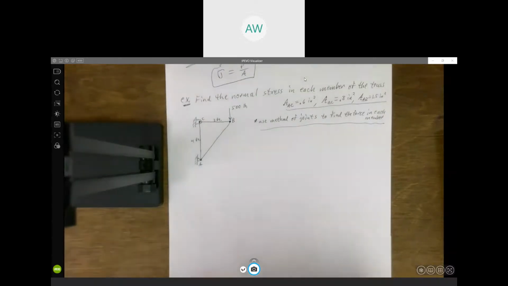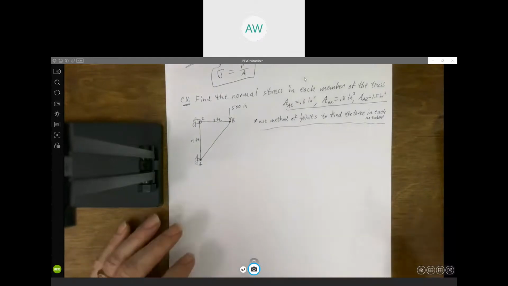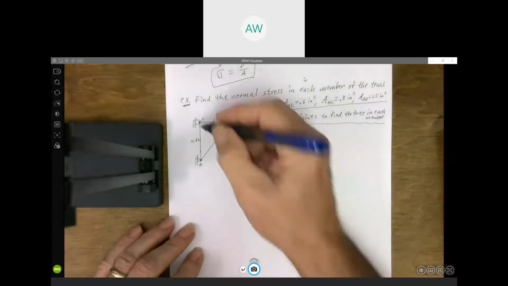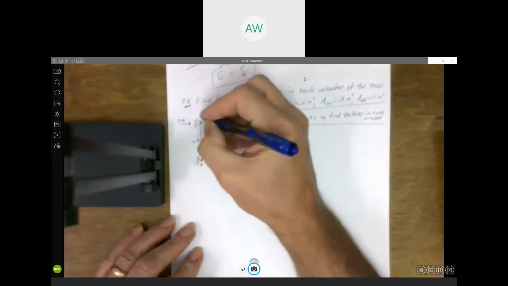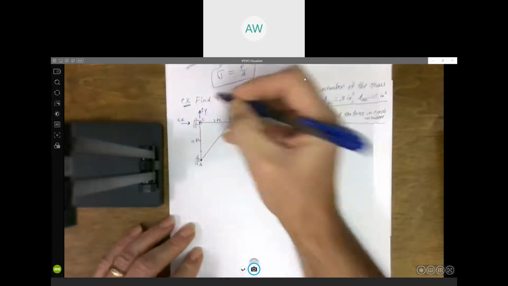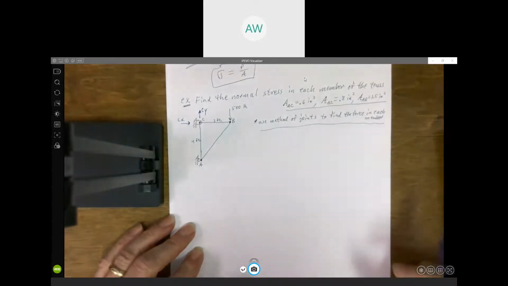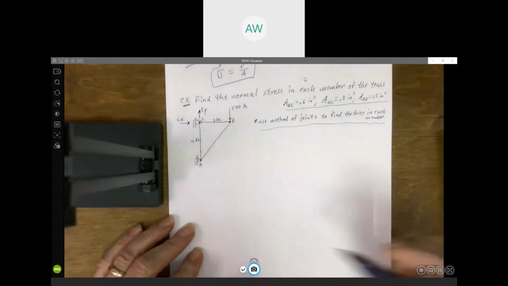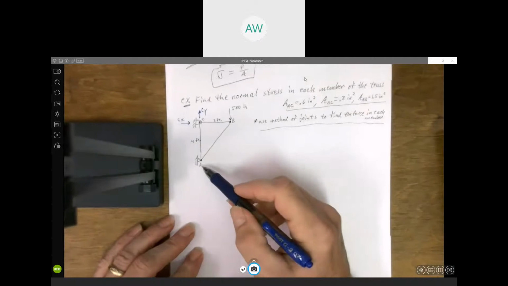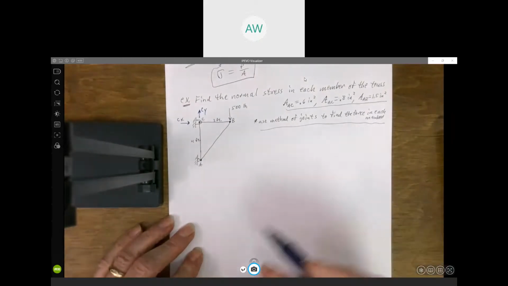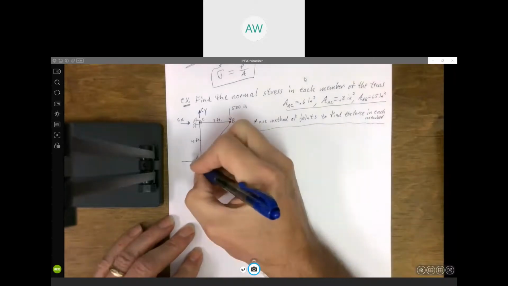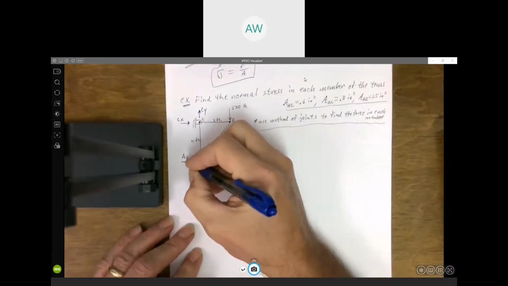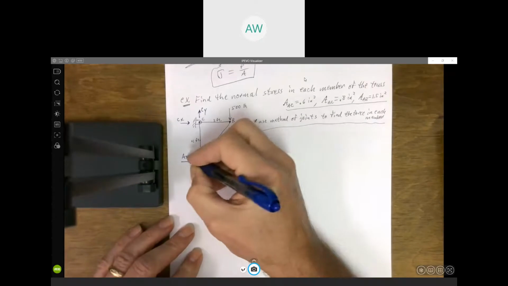Now, before we go any further, remember this truss is being supported by a pin support here, so we will have support reactions. Horizontal and vertical reaction forces at the pin. Here at the roller at A, it's not actually attached, so it doesn't prevent it from moving up and down. In this case, it would only prevent it from moving horizontally.